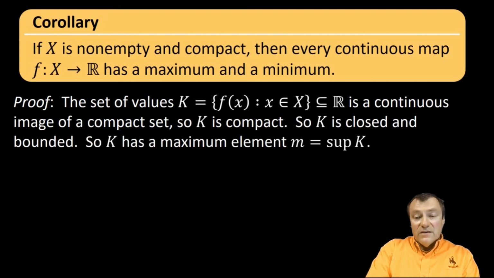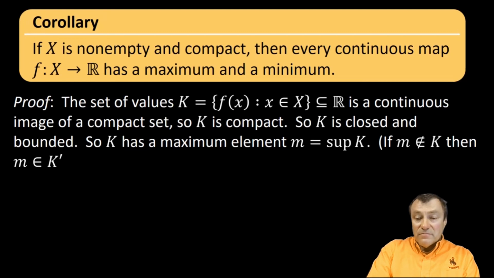Since K is nonempty, and bounded, it has a supremum. And since K is closed, the supremum M is actually a point of K. So this is the maximum of K. I need to explain a little bit here. If the supremum were not in K, then you would find a sequence of points in K approaching that supremum.